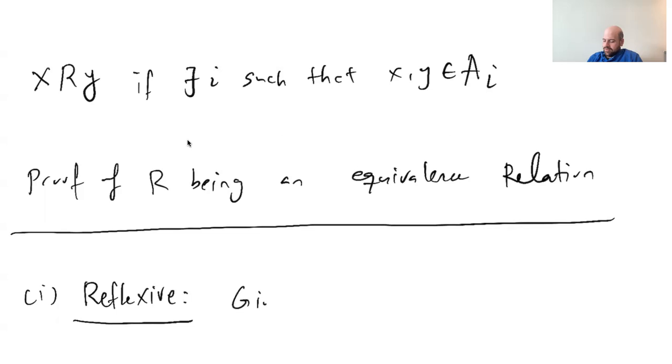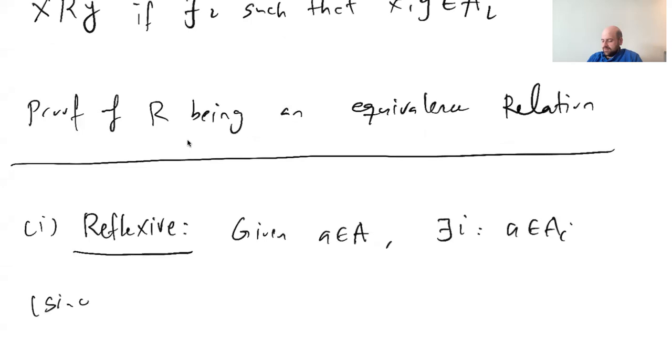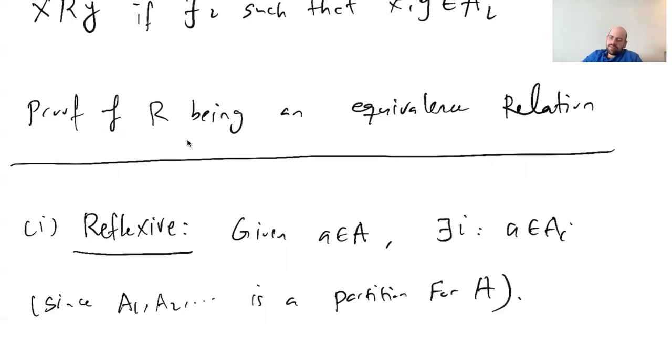Given a in A, there exists some i such that a is in Ai, since A1, A2, and so on is a partition for A. Remember, we are assuming that we have a partition for A, and the partition is capital A1, capital A2, and so on.